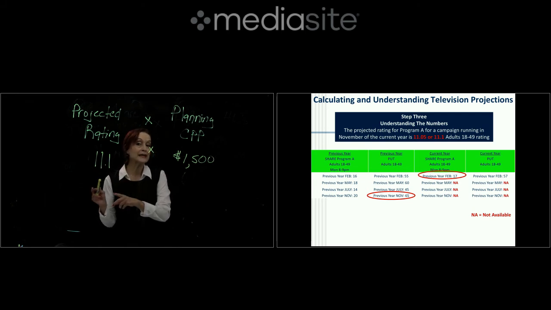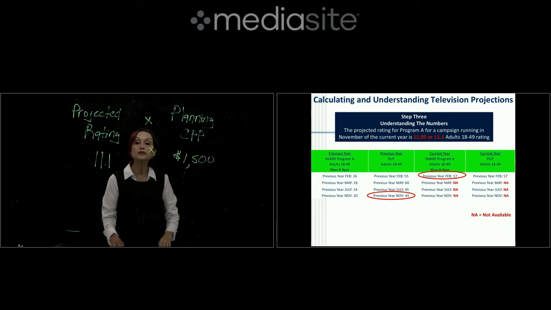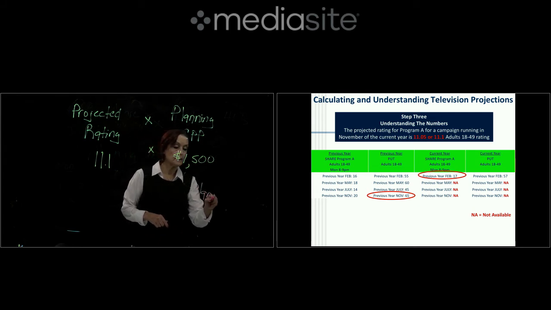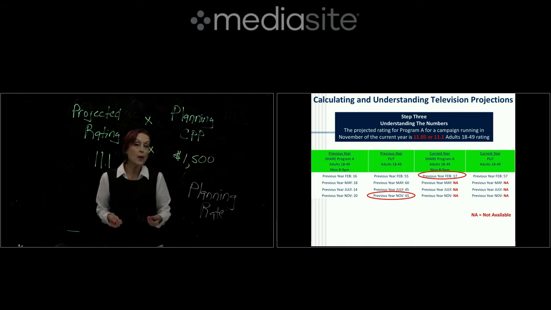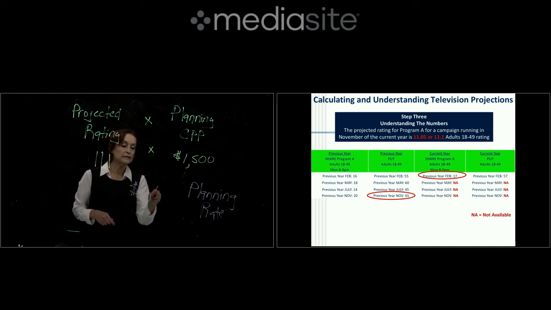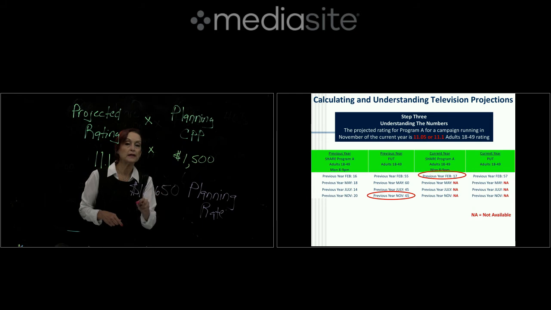So with a projected rating of 11.1 and a planning cost per point of 1,500, projected rating times planning cost per point becomes your planning rate. So let's write it here. So 11.1 multiplied times 1,500 equals $16,650.